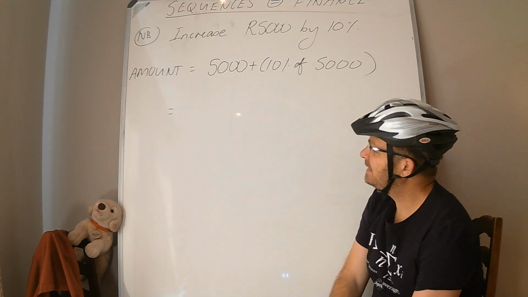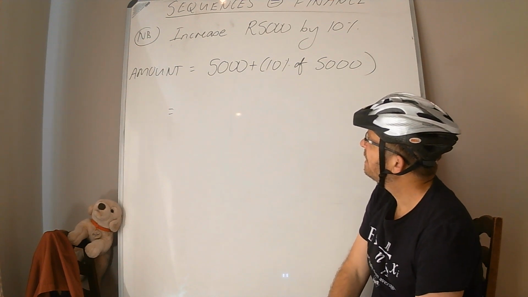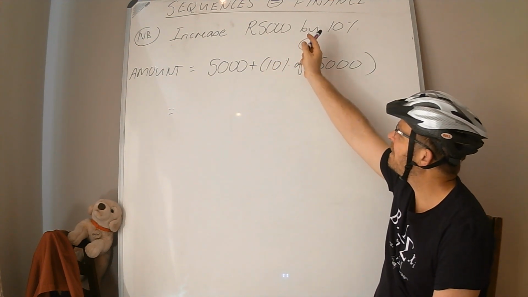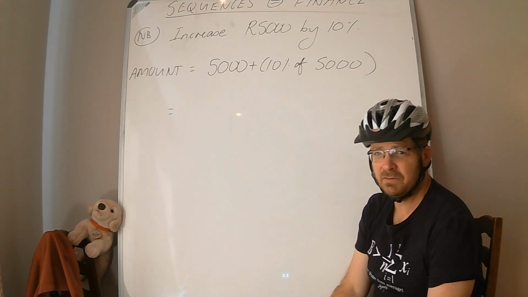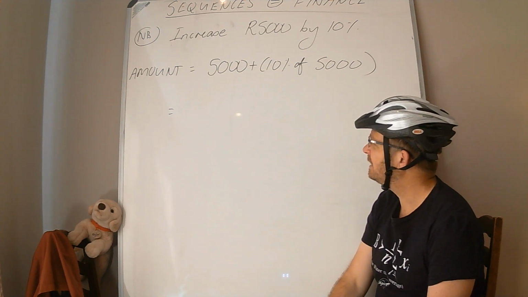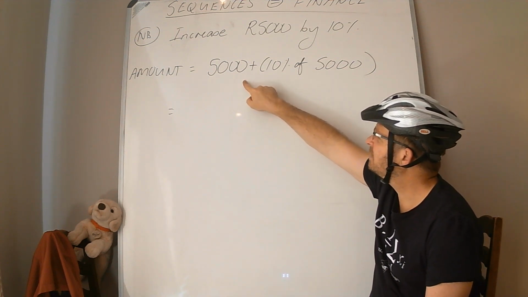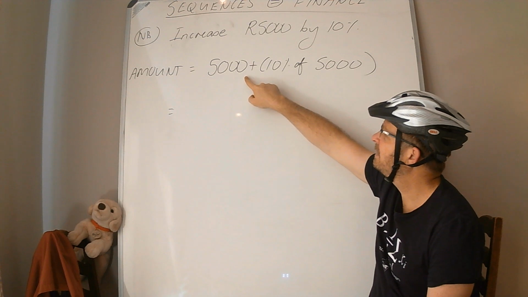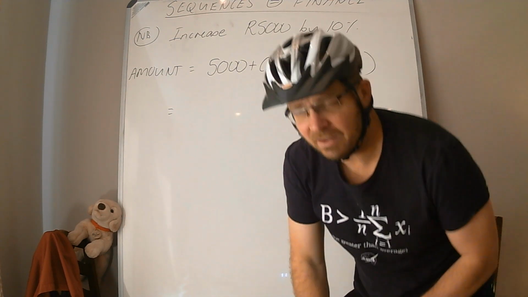Right, here's an idea I want you to be comfortable with, because it can save you a lot of time. If I said to you, increase 5,000 Rand by 10%, how much money would you have? It's not an instant answer, it's just a pattern. You'd have 5,000 Rand, plus 10% of 5,000 Rand.